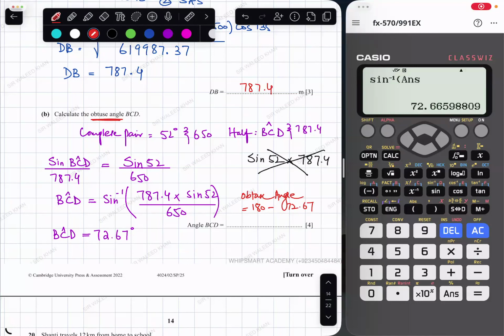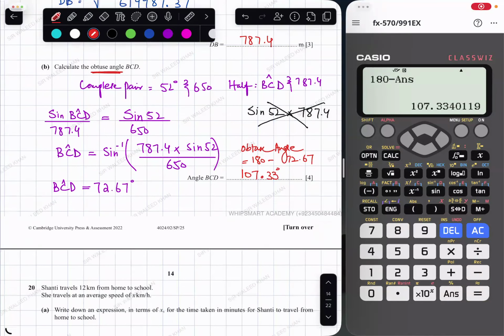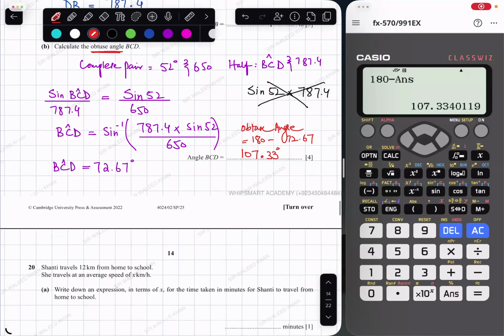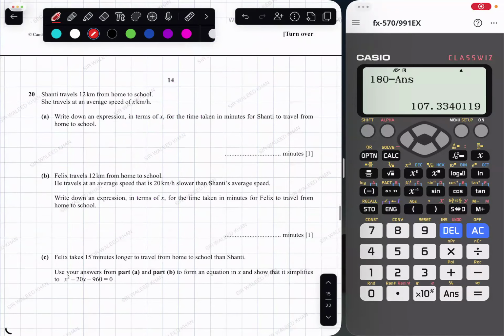That is an acute angle, but the answer for this one will be obtuse. 107.3. Got it? That's your answer. Show complete working. 4-mark question. Don't lose your marks. Okay, next.